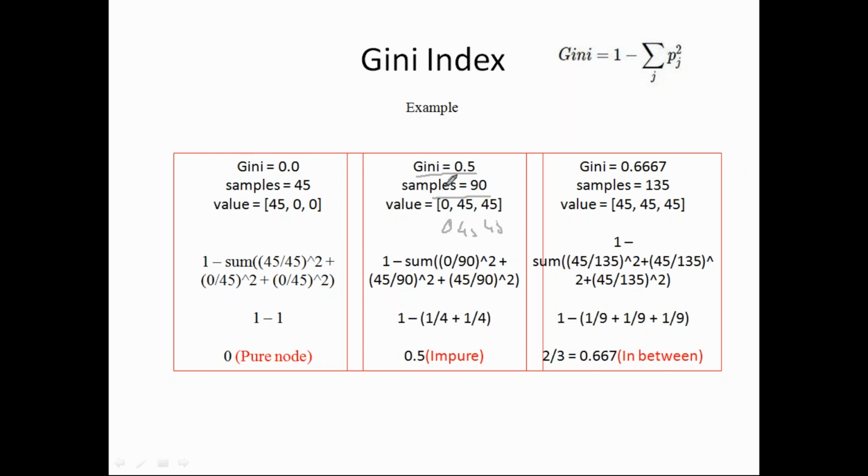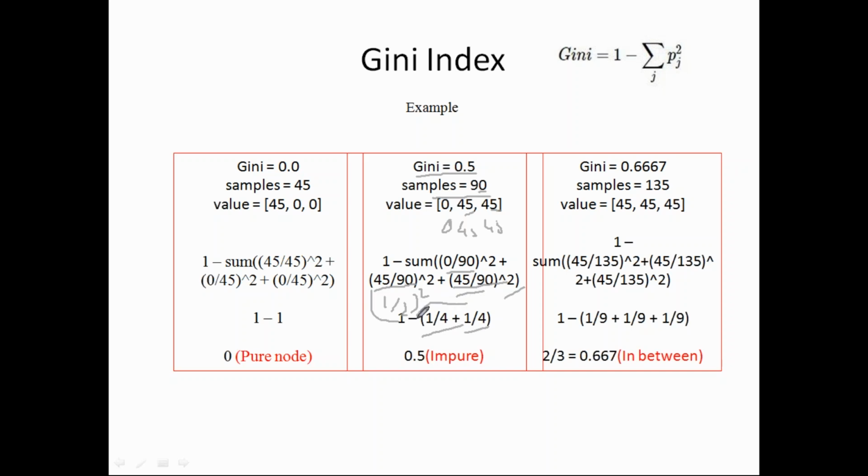Here when you calculate this, you get 0 out of 90, then 45 out of 90, and then 45 out of 90. You also have to do the squaring. So 1 by 2 squared becomes 1 by 4, and again 1 by 2 squared becomes 1 by 4.